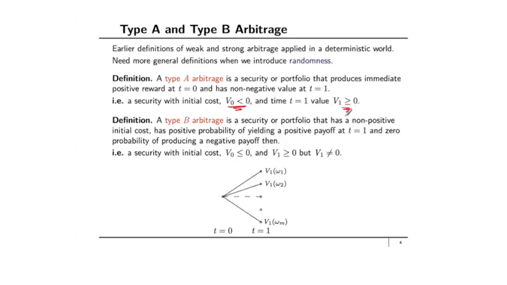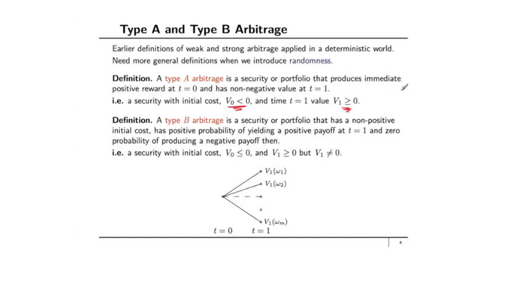An example of this type of arbitrage would be finding $10 in the street. If you find $10 in the street right now, you're going to receive a positive amount. It's like having a negative cost of $10. And at time 1, you'd have v1 equals 0. So you find the money right now, you get $10, and you have no liability at time t equals 1.